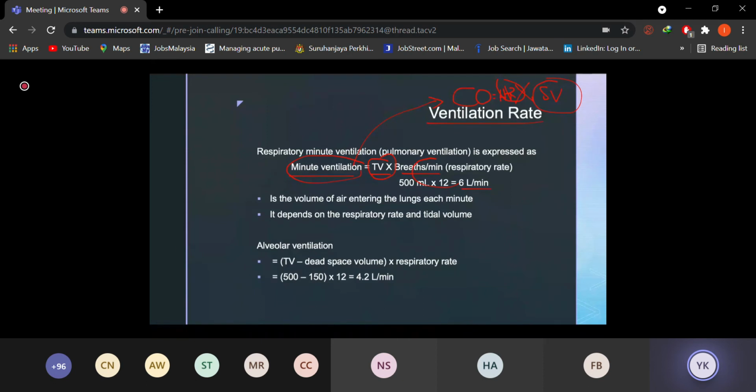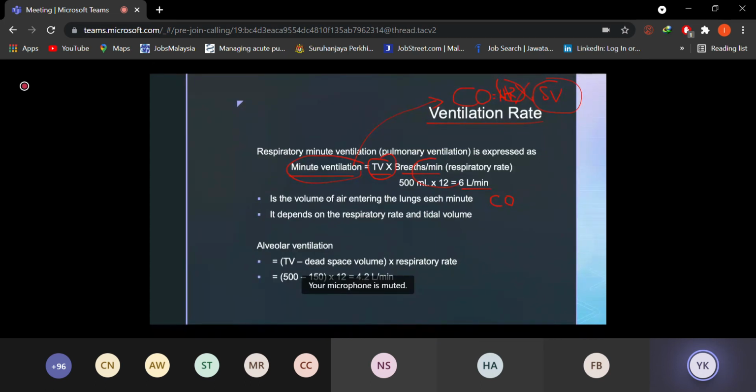So this is the air entering the lung each minute, similar to the cardiac output, the volume of blood pumped from the heart per minute. It depends on the respiratory rate as well as the tidal volume.